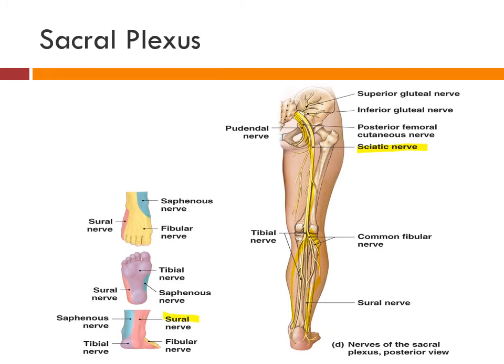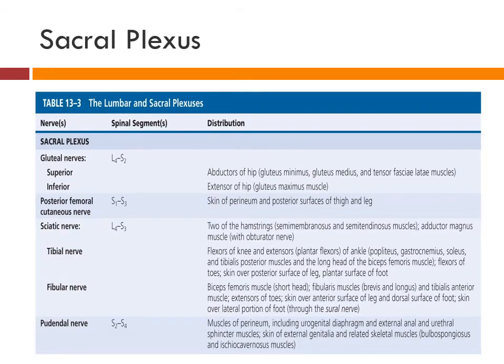As you can see here, this is the sural nerve, the very lateral side of the foot, and then the fibular nerve is all of this yellow part of the dorsal aspect of your foot. So with the sacral plexus, again, I want you to just recognize which nerves are coming from the sacral plexus, the most important being the sciatic nerve and the pudendal nerve.